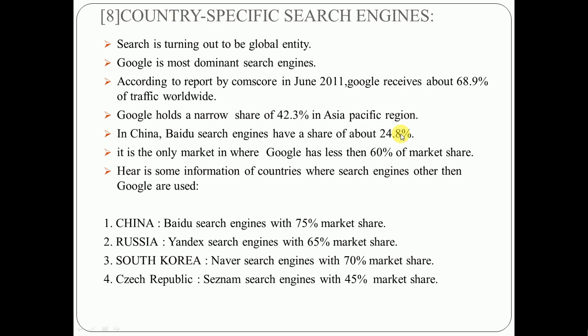It may not be that Google is used everywhere, but some countries will use their own search engine, or it may give better results than Google. So here we see China, the Baidu search engine with 75% market share. So we can say that Baidu is the most popular search engine in China.